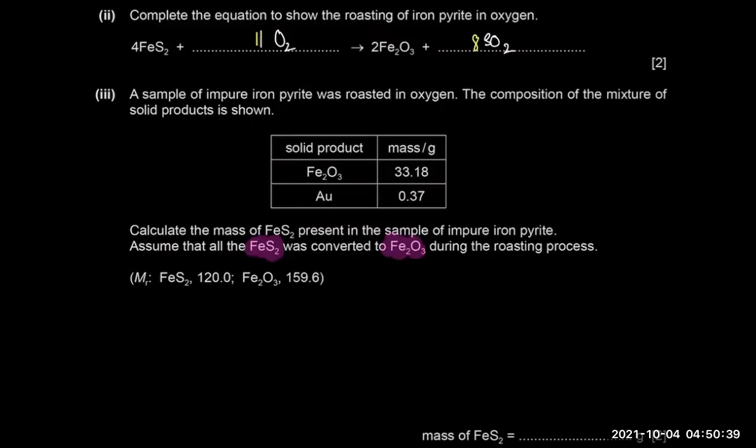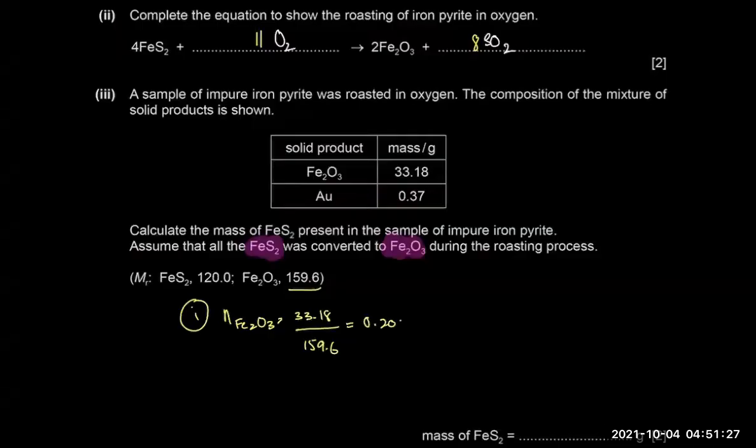So yes, the first thing you would do is find the moles of Fe2O3. And they've been again kind enough to give us the Mr or the formula mass. The number of moles is the mass, which is 33.18, divided by the molar mass, which is 159.6. 0.208 moles of iron(III) oxide, sorry.